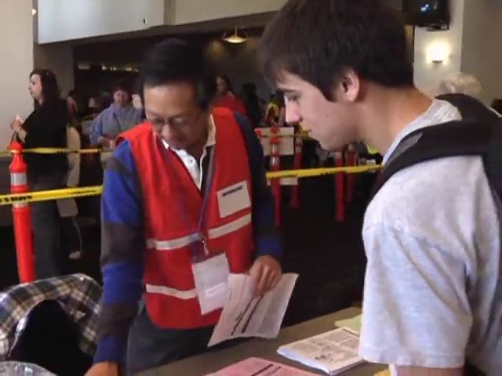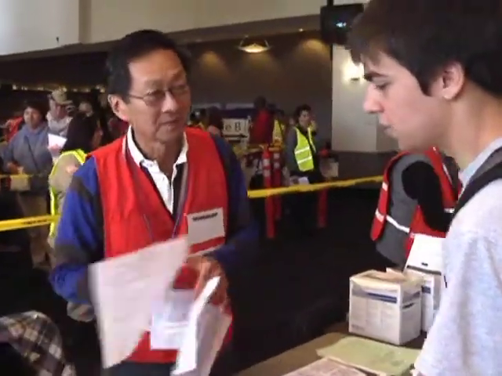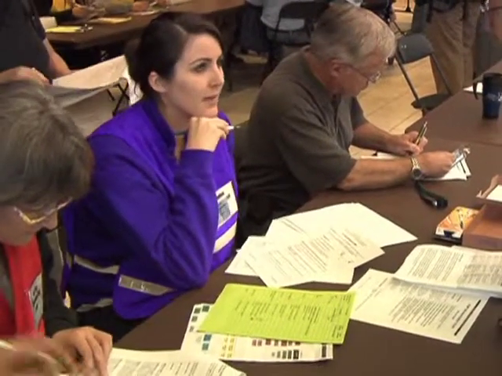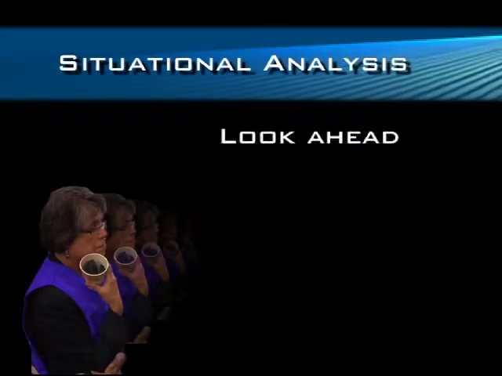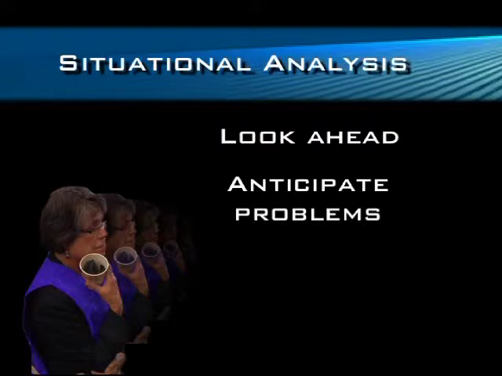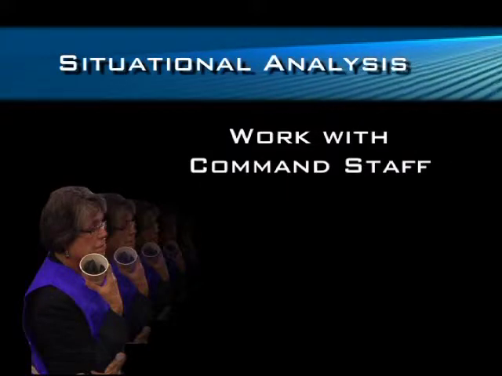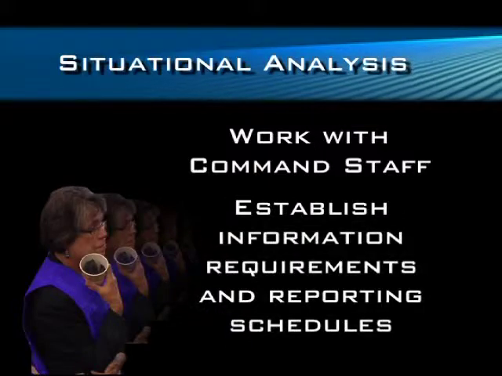While almost everyone else in the pod is consumed moment to moment by their work, your role on situational analysis is to look ahead to anticipate problems that impact the success of the mission. You should work with command staff to establish information requirements and reporting schedules.